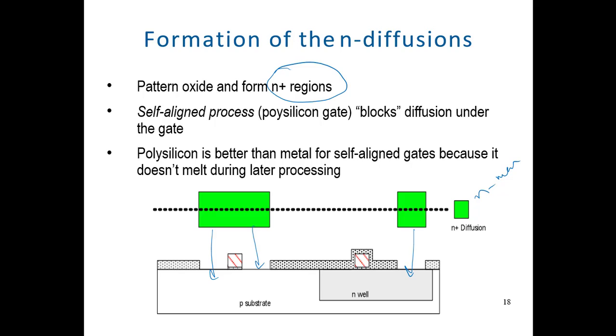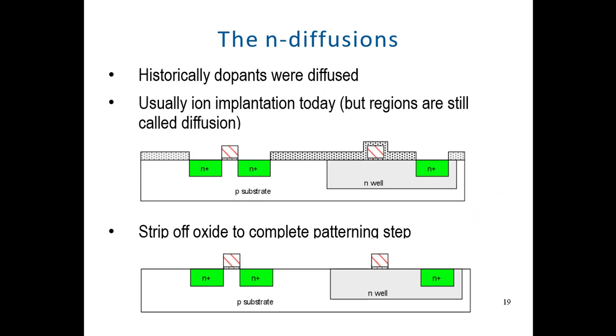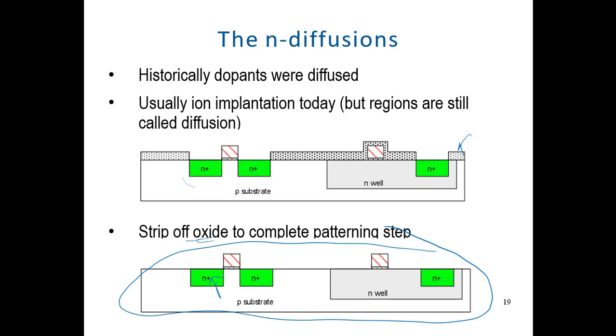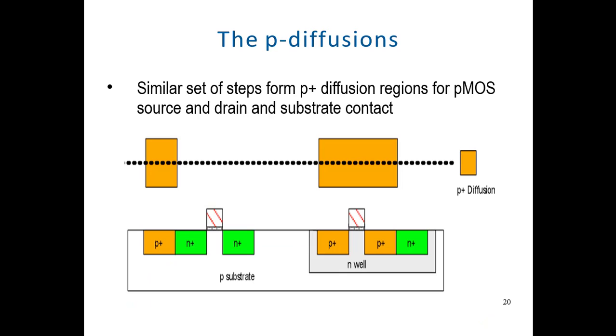So this was one N plus in the PMOS. You see that it is transformed like this, and then you strip off the oxide layer and you finally get this. So now we have all the N plus regions that are developed in the wafer.